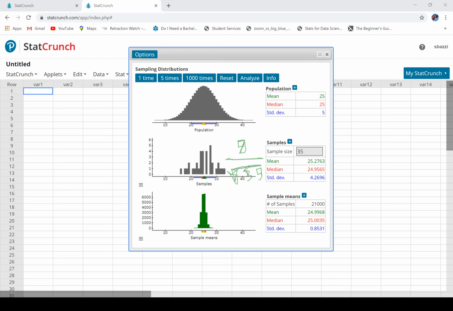Because the sample size is 35. All right, let's see what we got. Answers here. Okay, 0.85. If you round this to 2 decimal places, it's going to be 0.85.